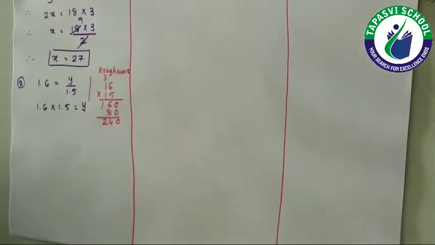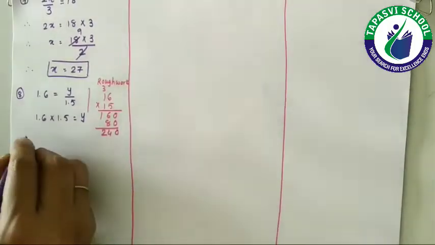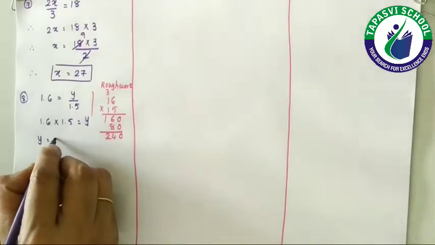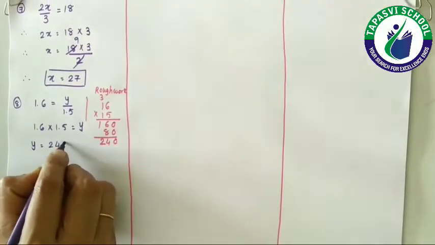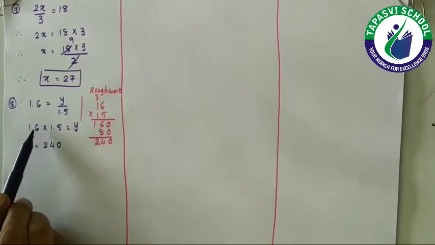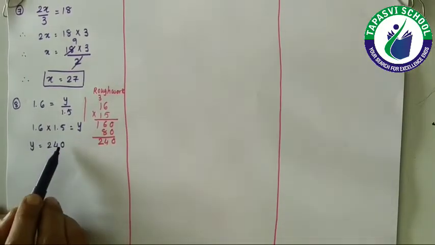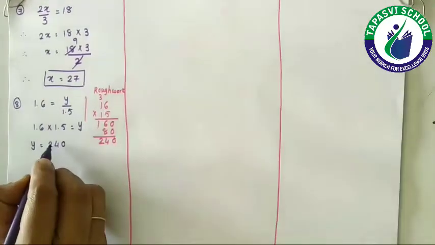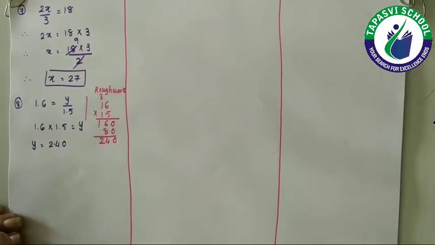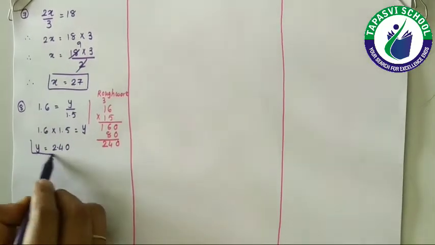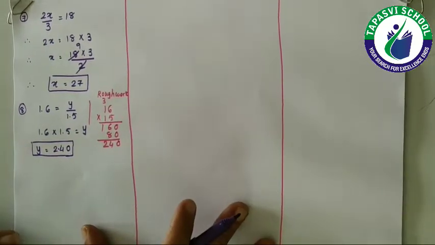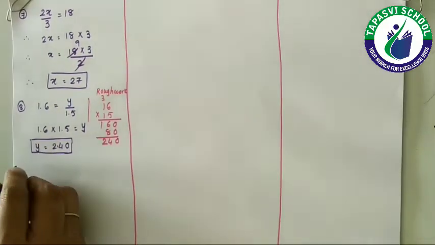So here y is equals to 240. Now we are having one decimal and another decimal, so two decimals. So from the back side we will put the decimal at 2 places. So y will be 2.40. This way it is very easy to solve this sum, even if it is given in decimals.